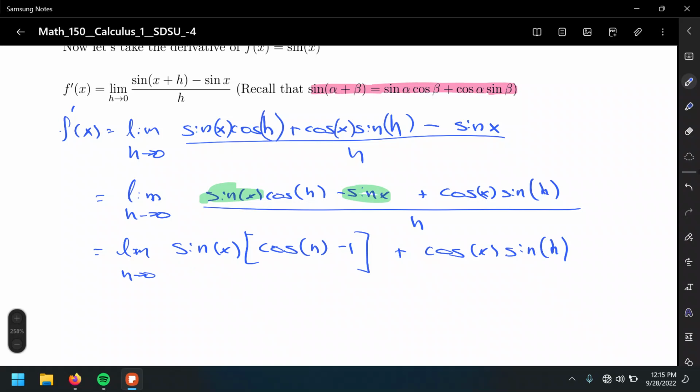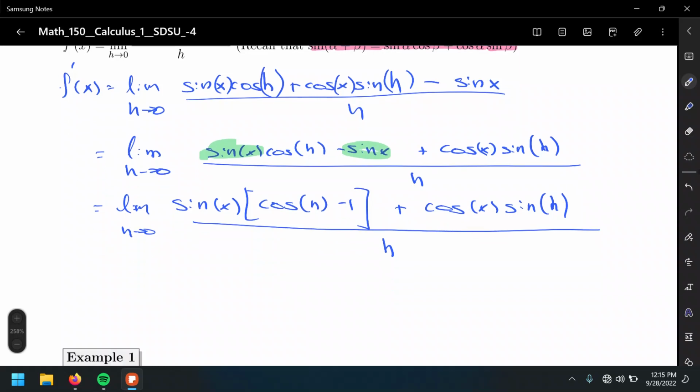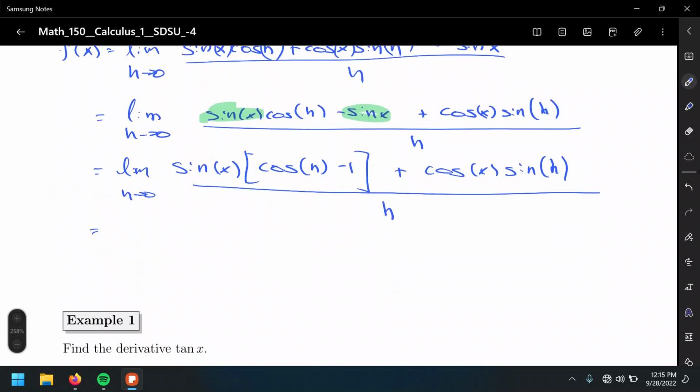as h approaches 0. Well, what do we have here? We have a fraction with two terms in the numerator. That's one term, that's the second term. Let's split this into a couple of terms, or a couple of limits.